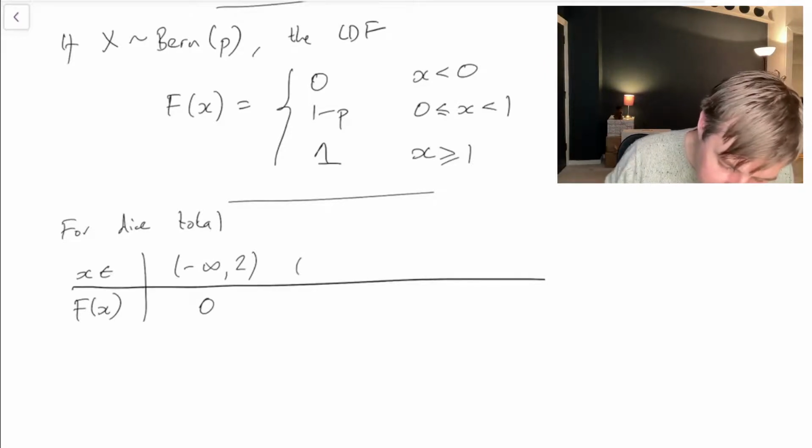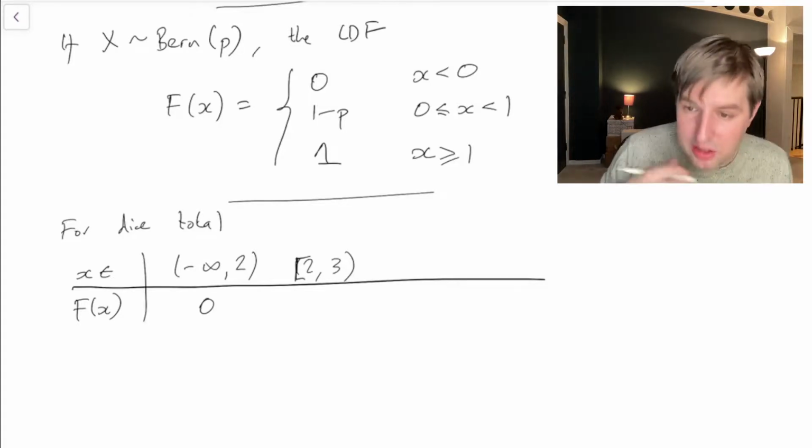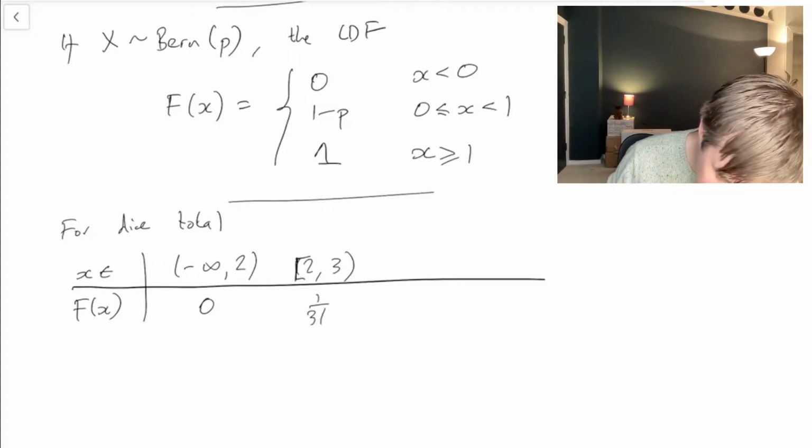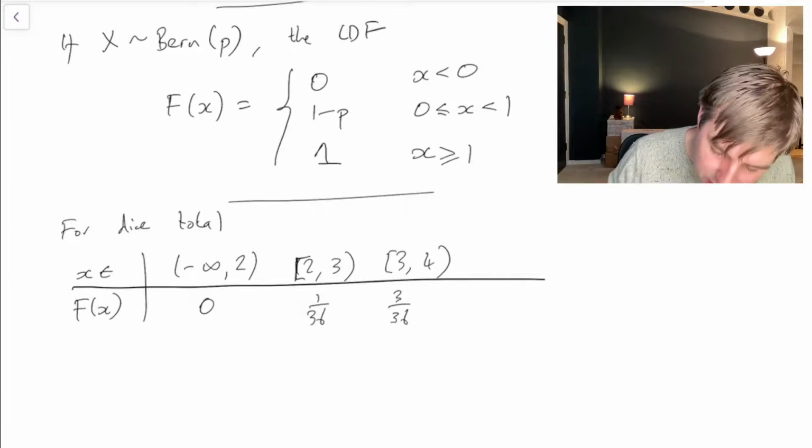On the other hand, for values between 2, including 2, and 3, but not including 3, the only way that can happen is if you get a 2, so that's 1/36. Between 3 and 4, you have to get either a 2 or a 3, so that's 1/36 plus 2/36.